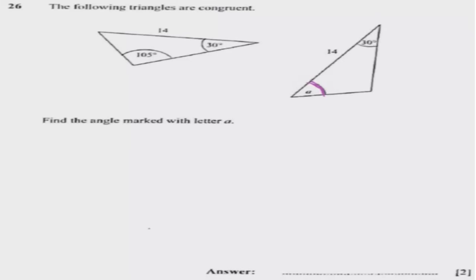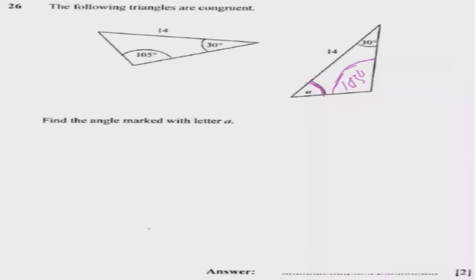So when you look at the triangles, if they are congruent, you see that corresponding angles and sides are equal. Meaning, when you look at the way it is drawn, this is the hypotenuse and that is the hypotenuse. The angle opposite to the hypotenuse is here in this shape. So you see that this angle is also 105 degrees.